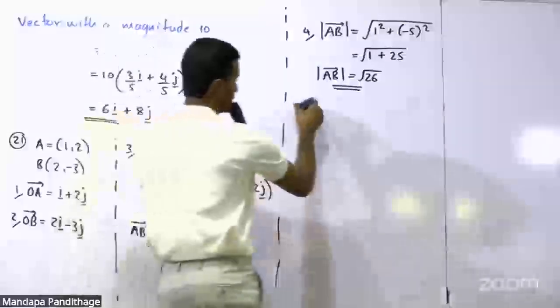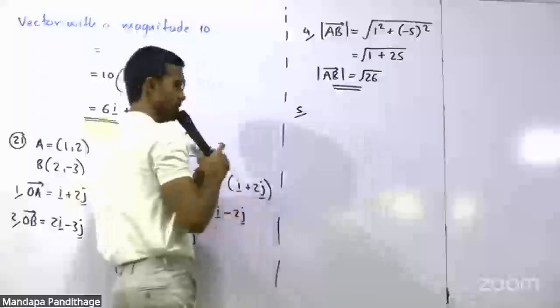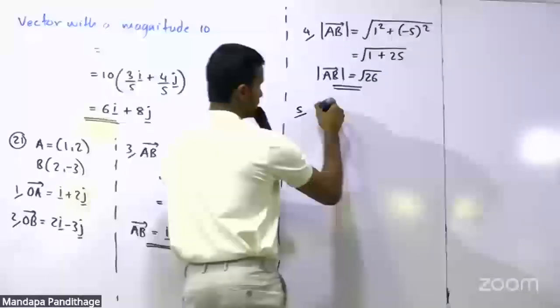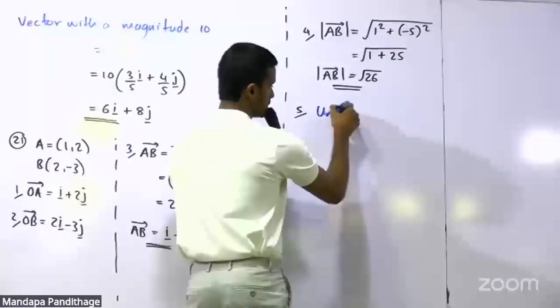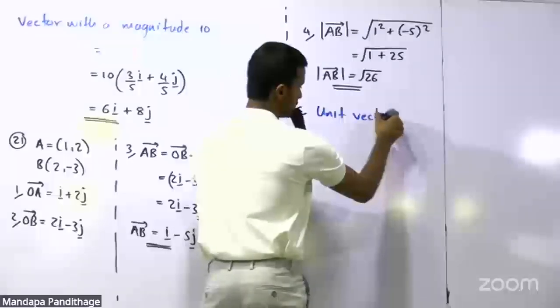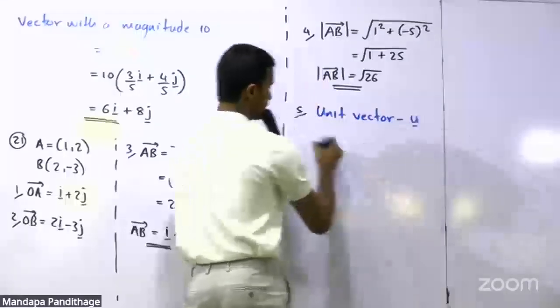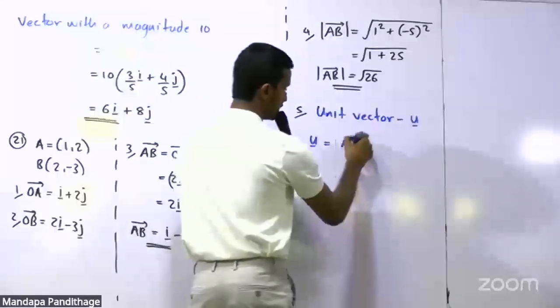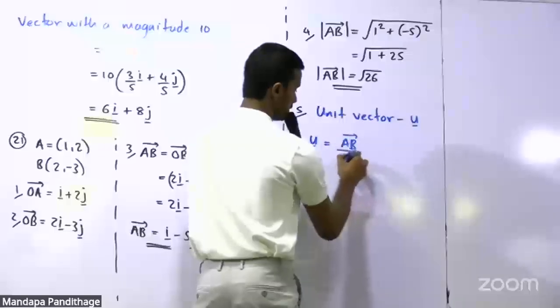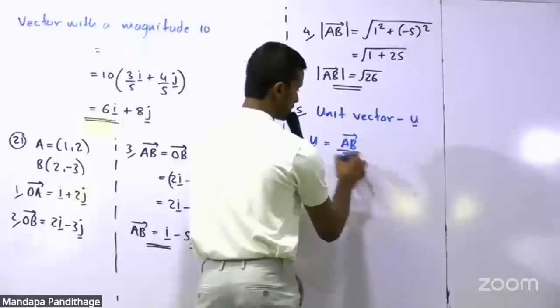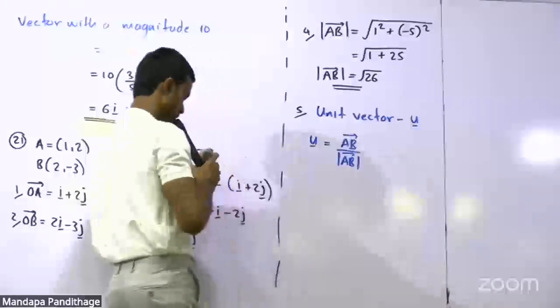Last one, take the unit vector to the direction of AB as u. Then u can be written as vector AB divided by its magnitude.